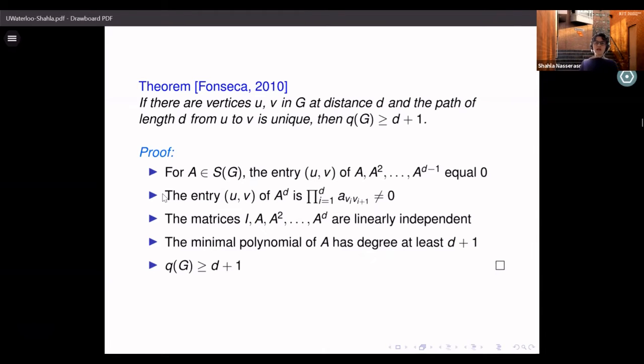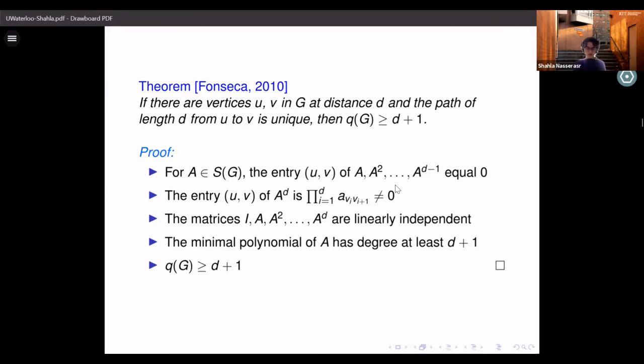So the proof says, just take any matrix in S of G and look at the UV entry of the matrices A squared, and all the exponents of A until d minus 1. Because the distance between them is d, all of those matrices are going to have 0 in the UV entry. And when we get to the d exponent of A, because that path was unique, the UV entry is basically going to be the product of some non-zero entries.